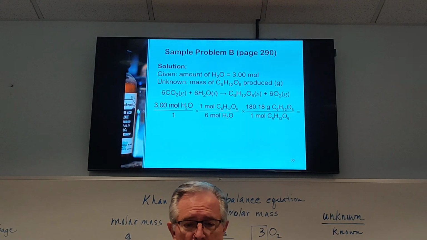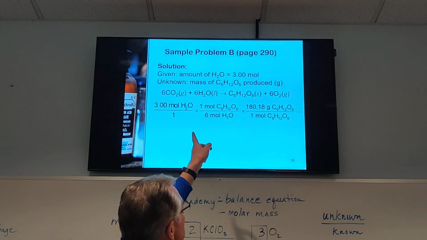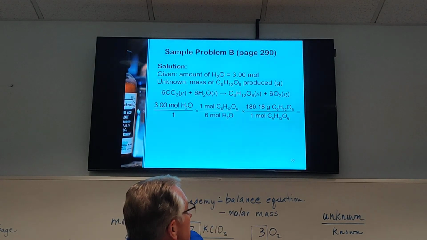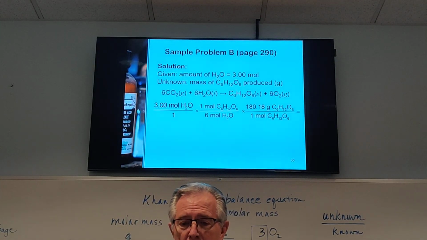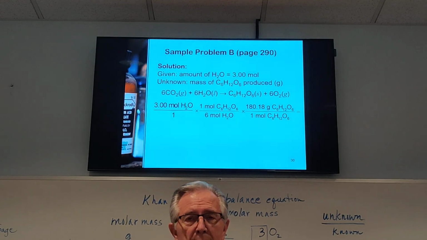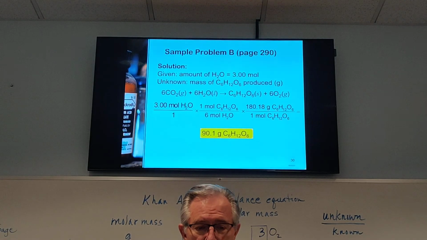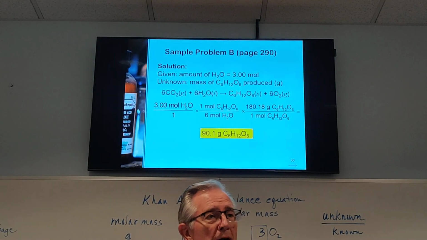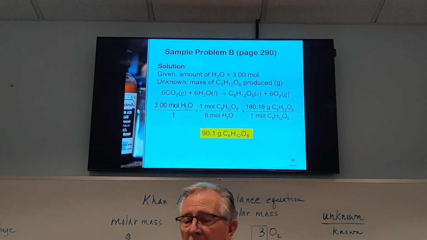My waters will cancel out, and the glucoses will cancel out, but it'll still leave grams on the top. Then when I multiply all those together, 3 times 180.18 divided by 6, I am going to end up with 90.1 grams of glucose.